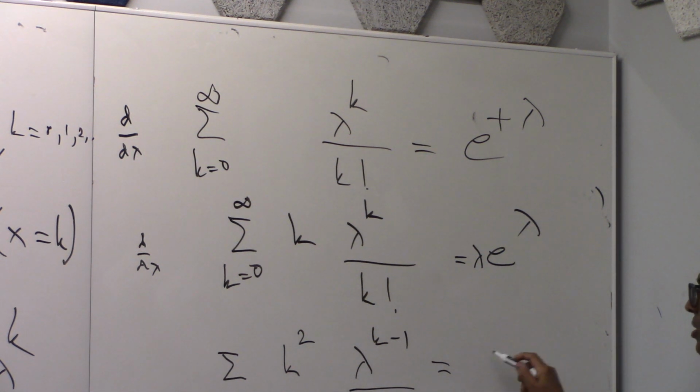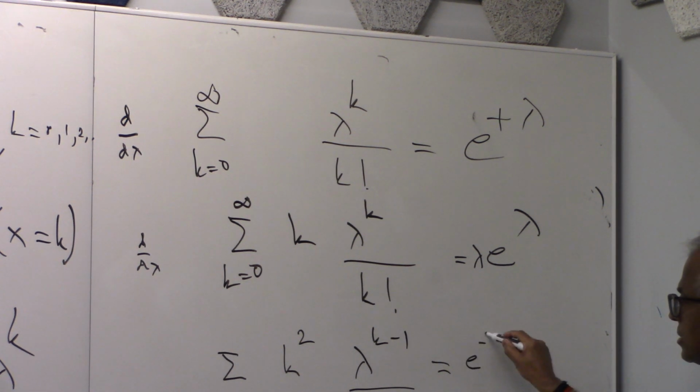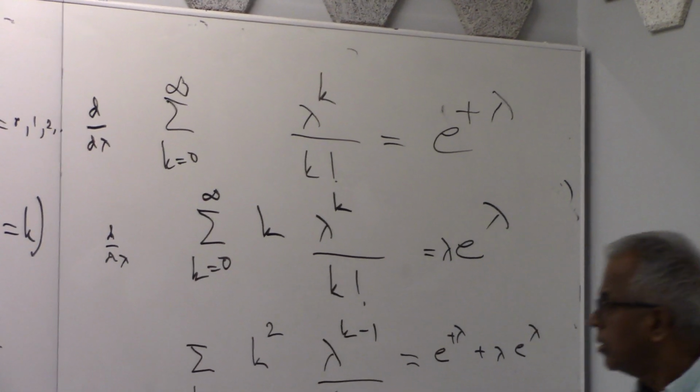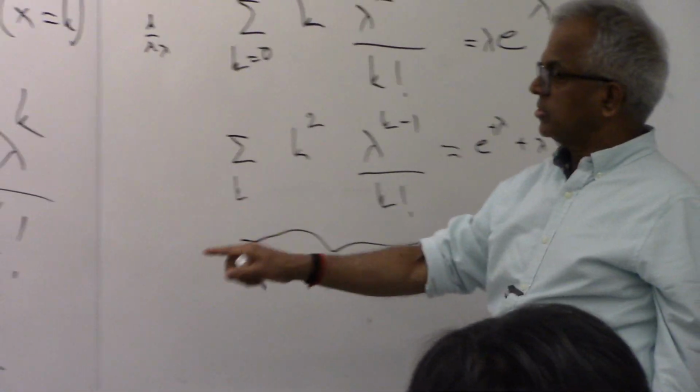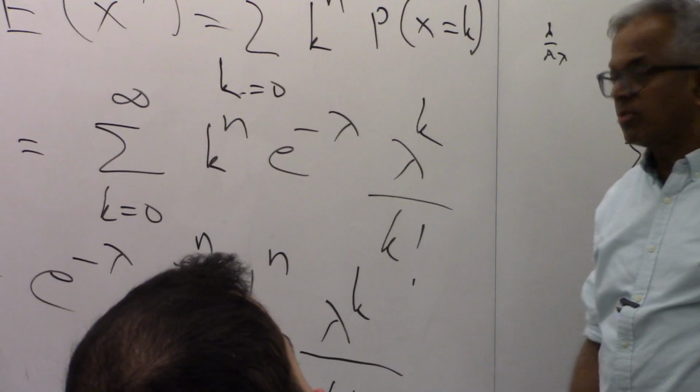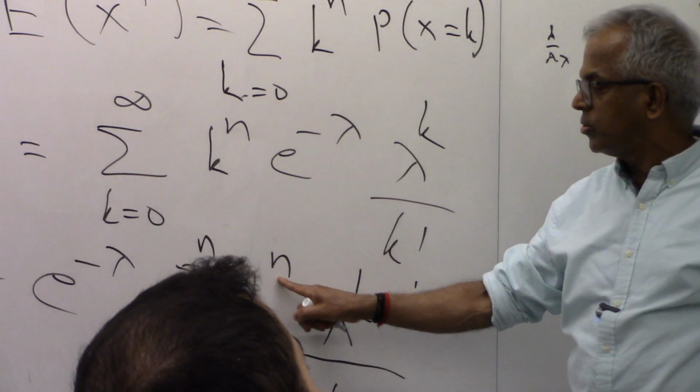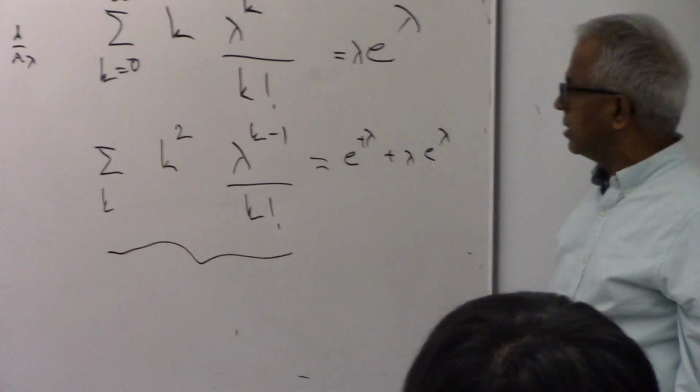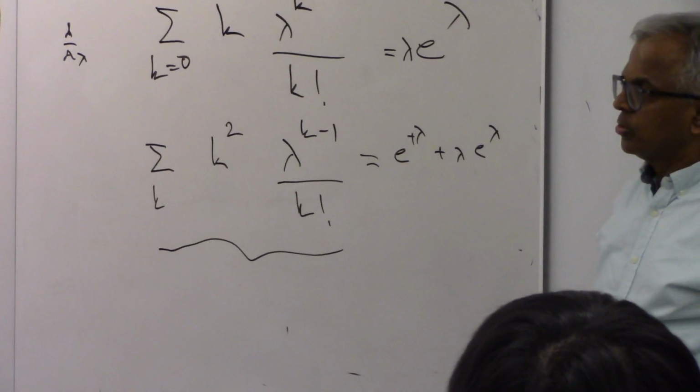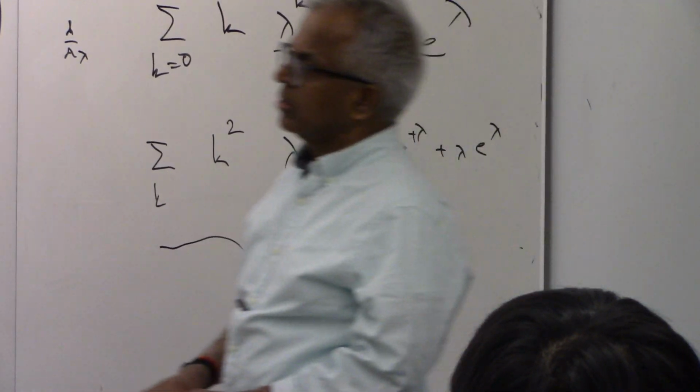What is the derivative here? e raised to minus lambda plus lambda, right. But look at here, this is exactly what you want for the expected value of x squared with n equal to 2. For n equal to 3, you keep doing it, but let me take n equal to 2, that's all I wanted here.